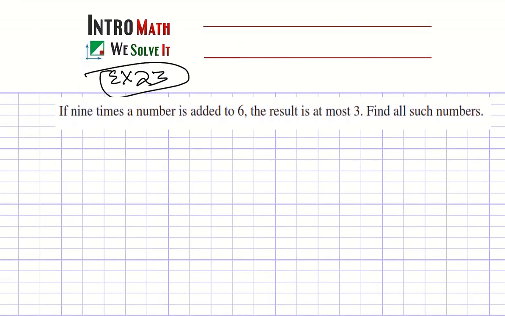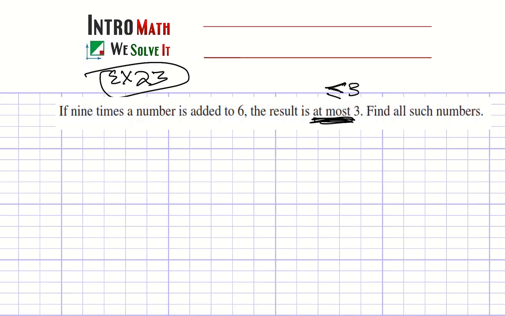You see the next one, it says, if 9 times a number is added to 6, the result is at most 3. Find all such numbers. See what they're looking for there. When you see at most, it means you can get to it, but less than or equal to.